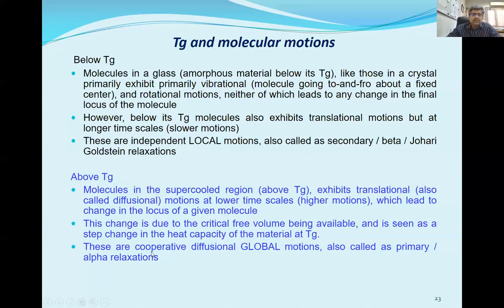So that is why we call them cooperative diffusional global motions, and they are also called primary or alpha relaxations.